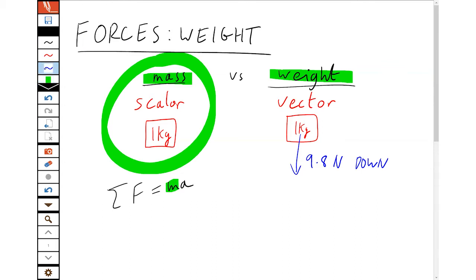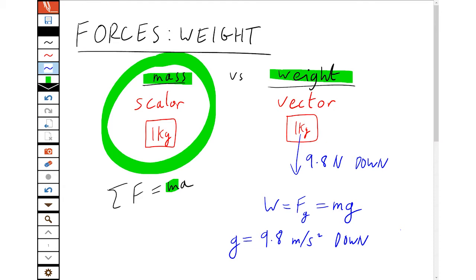So what is the weight? Well, the weight, or the force of gravity, whatever you want to call it, is the mass times the acceleration due to gravity. And we saw before the acceleration due to gravity is 9.8 meters per second squared down. So that is that.